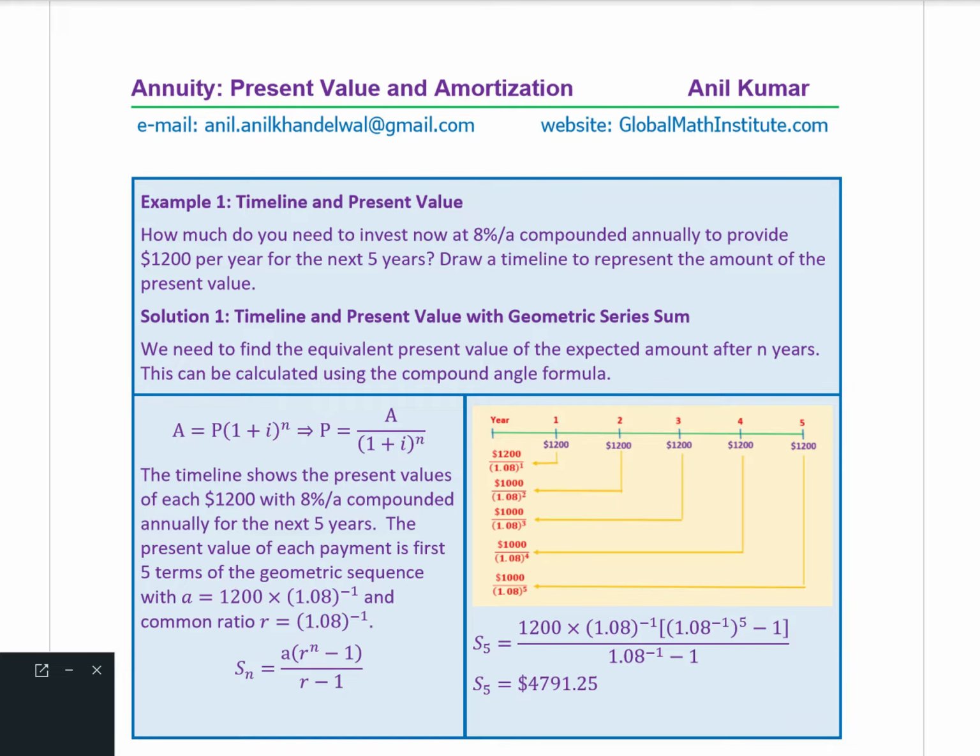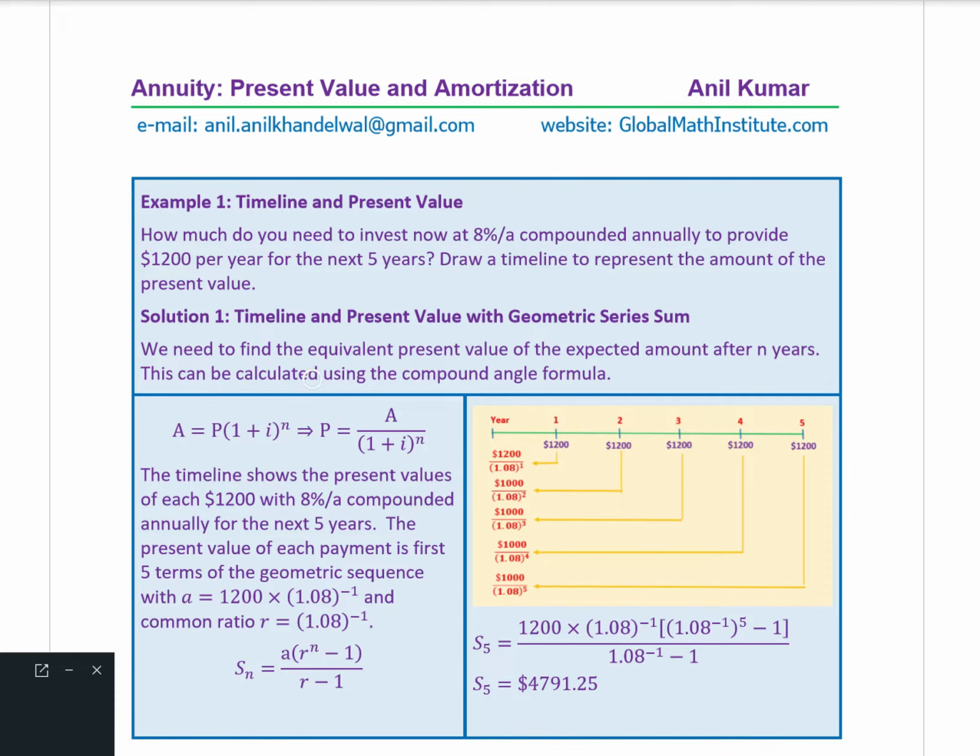So you need to identify whether the question is about present value or future value. How much do you need to invest now at 8% per annum compounded annually to provide $1,200 per year for the next 5 years? Draw a timeline to represent the amount of the present value. That's the question.